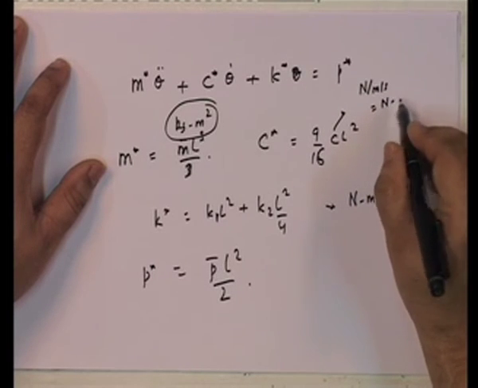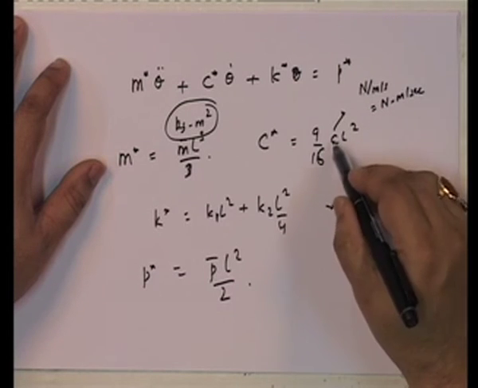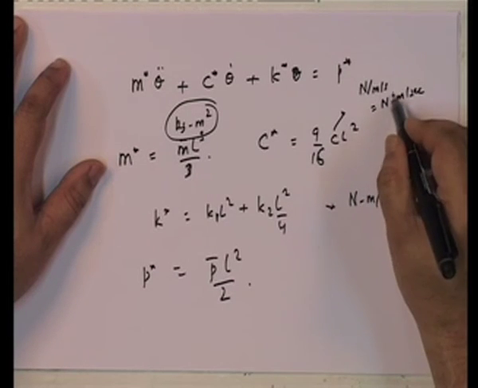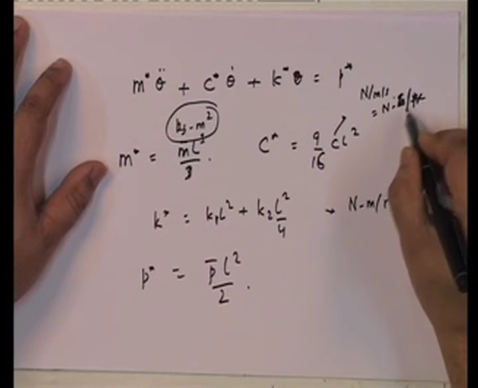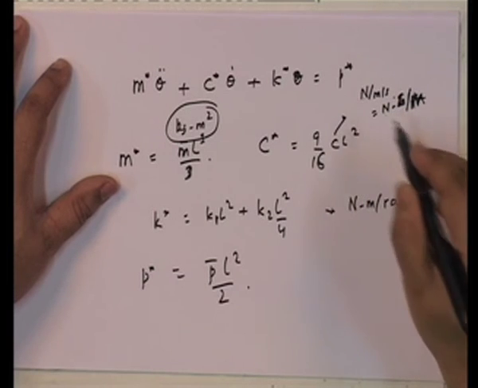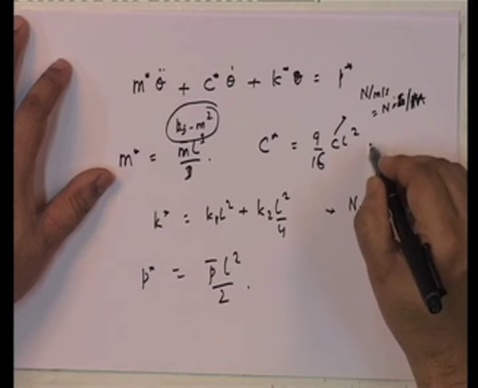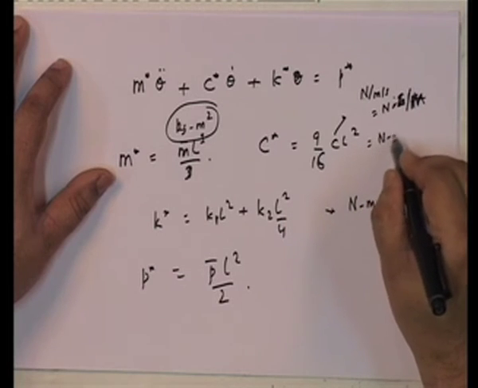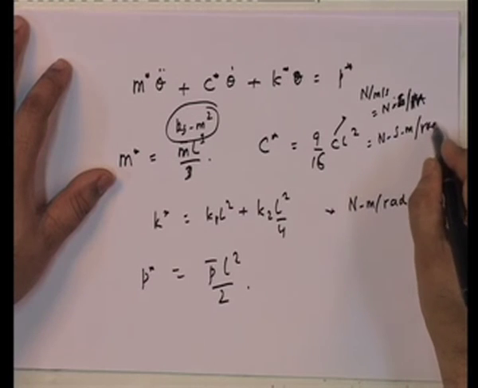So, this becomes Newton meter per second is C, and then Newton second per meter, because second comes on the top. So, it becomes Newton second per meter into this. Basically, what you are getting is Newton second meter per radian.